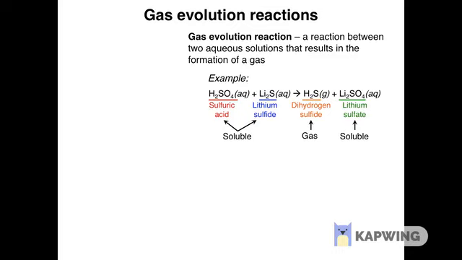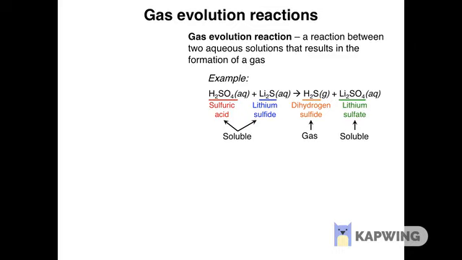Similarly to the previous reaction that we considered, the products are formed by combining the cation from the first reactant, H+, with the anion from the second reactant, S2-, and the cation from the second reactant, lithium+, with the anion from the first reactant, SO4 2-.